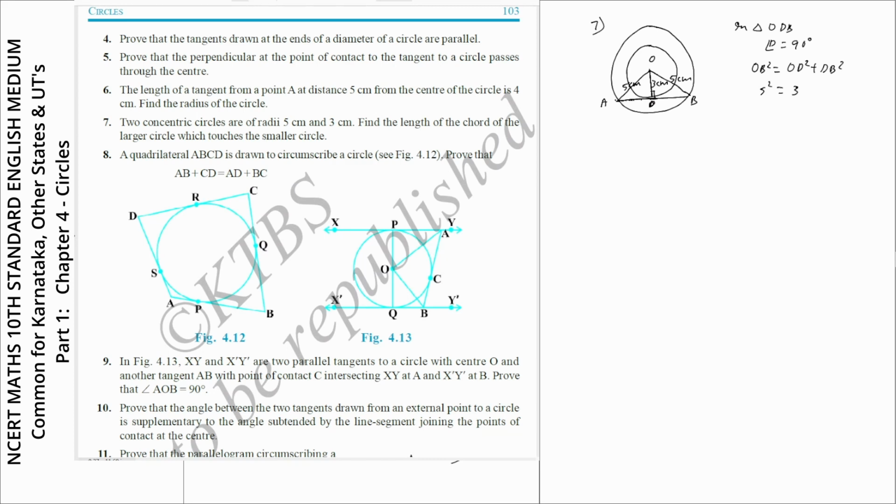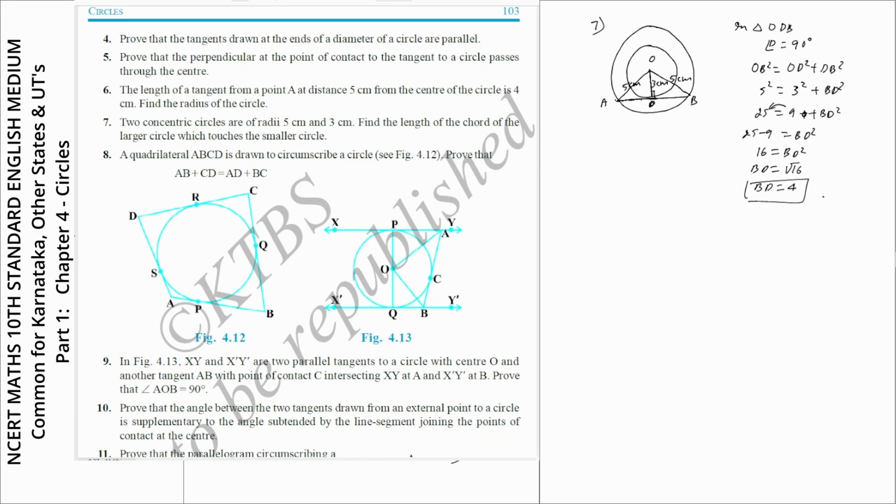OD is 3 square plus BD square. BD square I don't know, I'll write as it is. So this is 25 is equal to 9 plus BD square. So I'll bring this 9 this side. 25 minus 9 is equal to 16, BD square. So 16 is equal to BD square. BD is equal to square root of 16. BD is equal to 4.